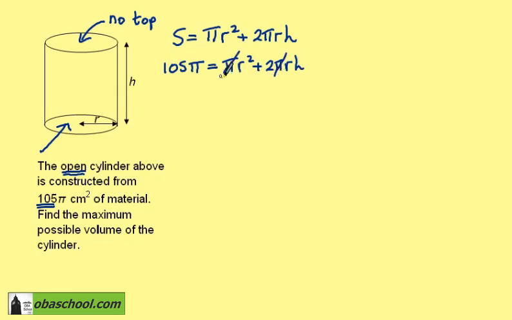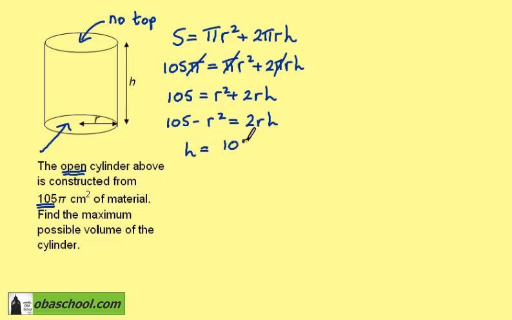We can cancel pi throughout, giving us 105 is equal to r squared plus 2rh. So 105 take away r squared is 2rh, and then h would be equal to 105 minus r squared divided by 2r.